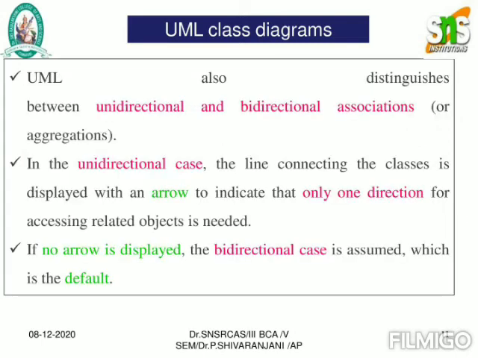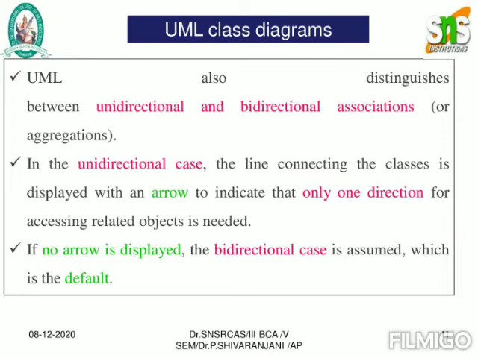UML also distinguishes between unidirectional and bidirectional associations or aggregations. In unidirectional cases, the line connecting the classes is displayed with an arrow to indicate that only one direction for accessing the related object is needed.